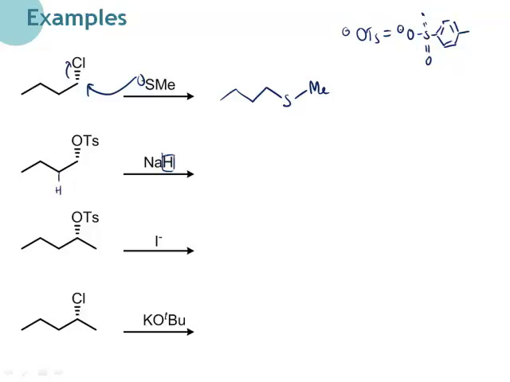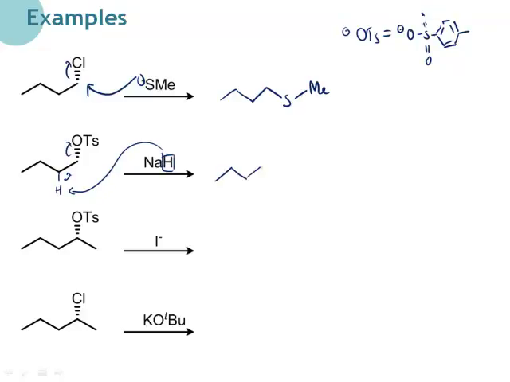So as I was saying, sodium hydride is going to deprotonate this position, but because we have this primary tosyl group, it's probably going to undergo an E2 mechanism. So let's do that.